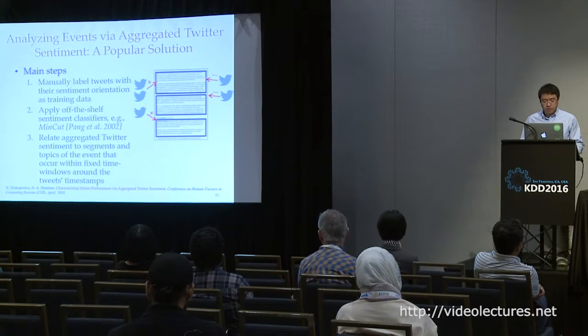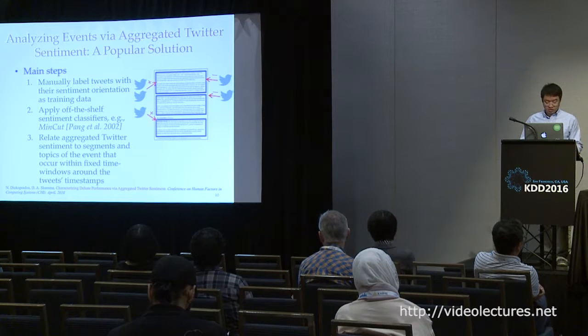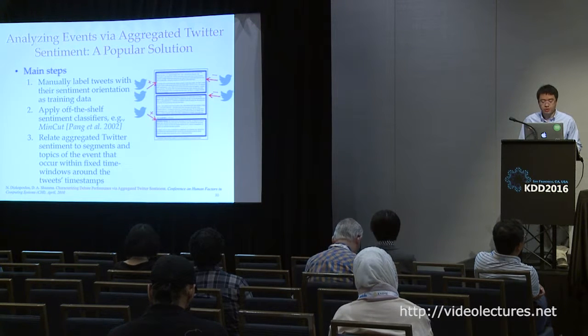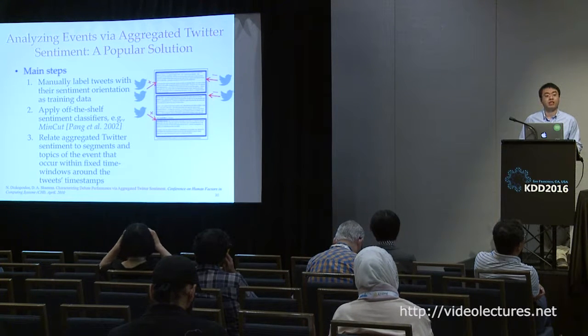A popular solution, and also the approach of many existing works, is based on three steps. The first step is to manually label tweets with their sentiment orientations as the training data.